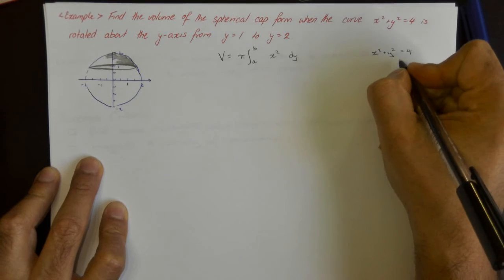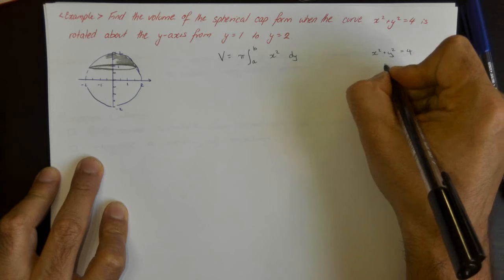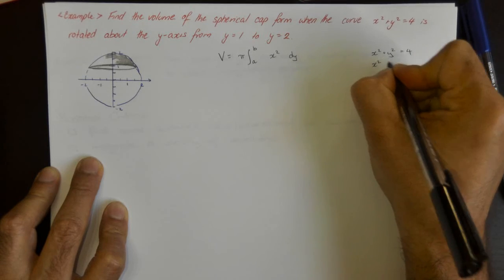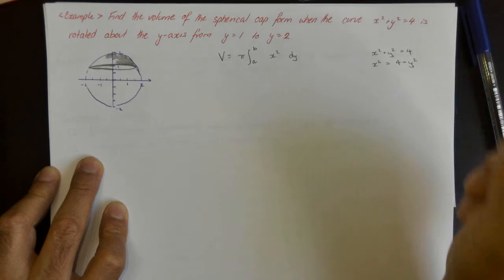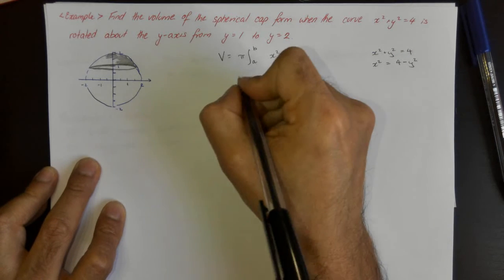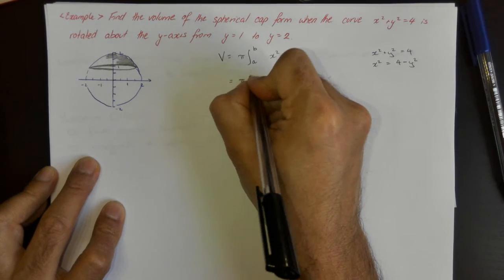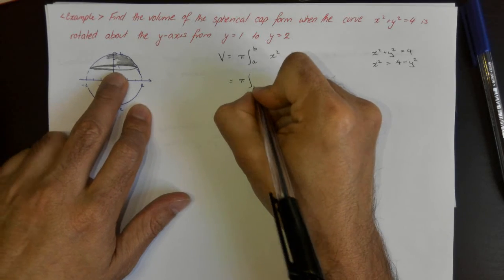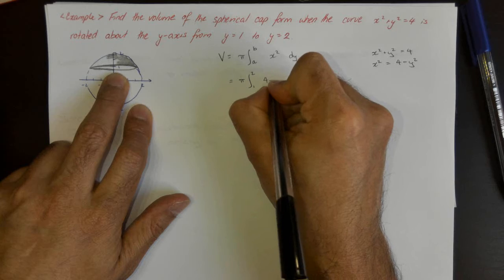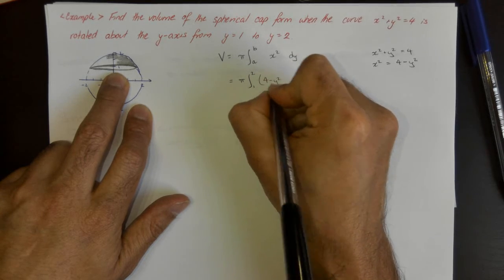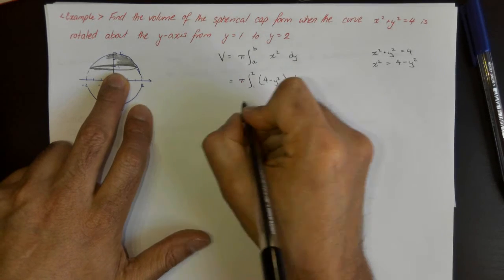There's the equation of the line. We're going to make x squared the subject, so we get 4 minus y squared. We're rotating it from 1 to 2. X squared is now 4 minus y squared dy. We're going to integrate that.